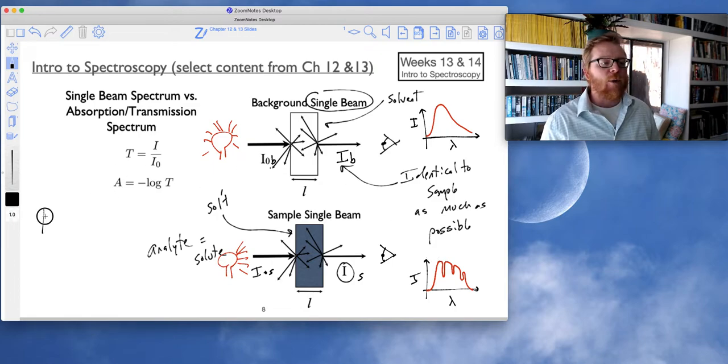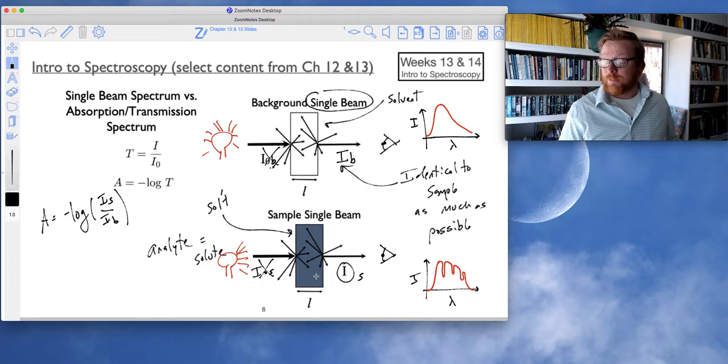So really now what this means is this absorbance is going to be the negative log of I sample, so the transmitted beam coming out of the sample over the transmitted beam coming out of the background, okay? So both of these two things will wash out because they're identical.